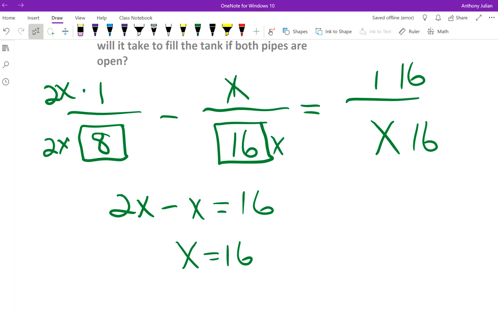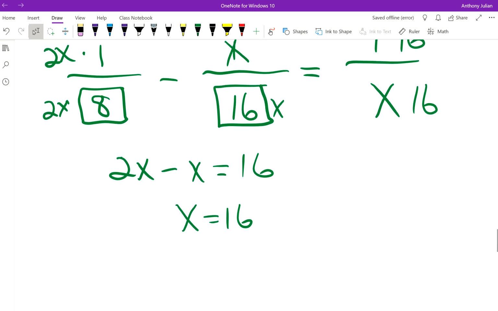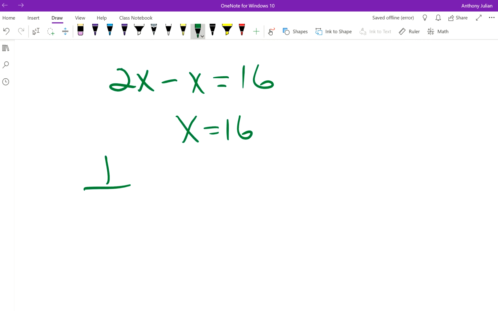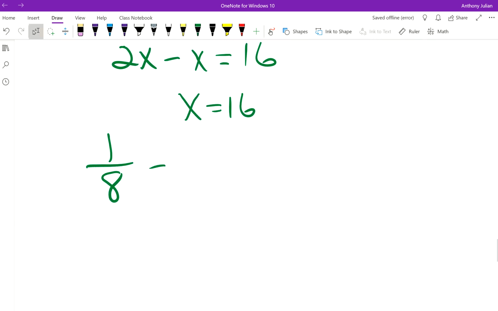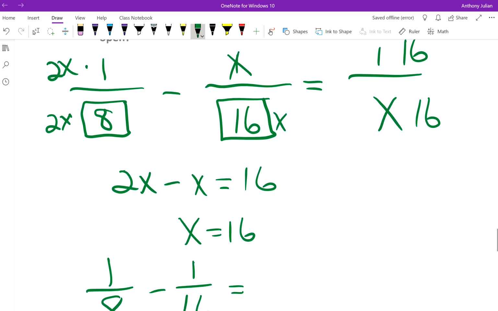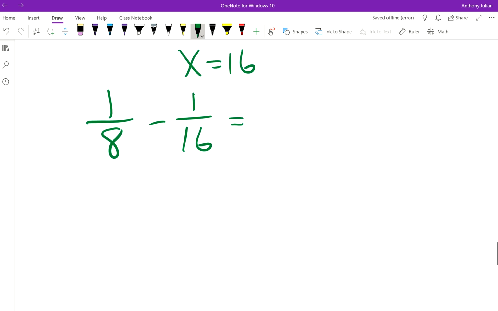Doesn't seem right, but I'm going to check that real quick. Okay, I'm going to check that answer. So we are saying that 1/8 minus 1/16 equals, what? x equals 16? 1 over 16. Well, of course it does.